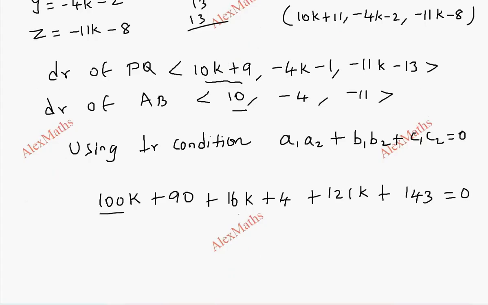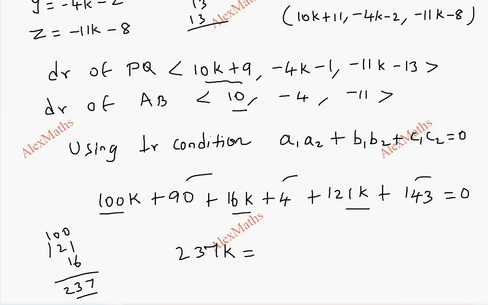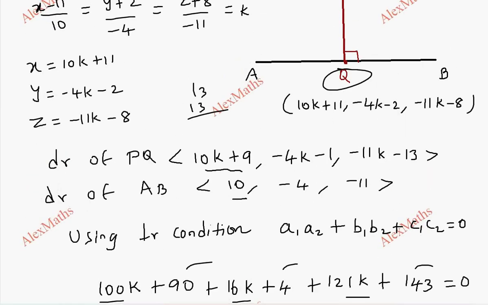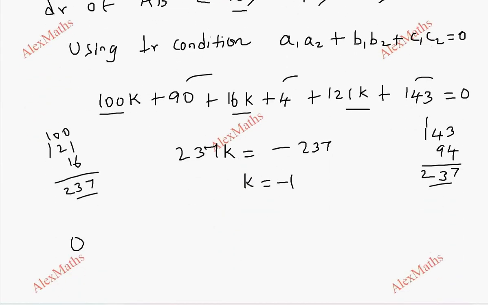Now keeping the K terms here, 121 and 16 and 100, this will be 237K equal to, all these we take to the other side with the minus, 143 and 94. So this is 7, this is 3 and this is 2. So we get K as minus 1. Using that K in this point Q, we are going to get the coordinates of the foot of the perpendicular.